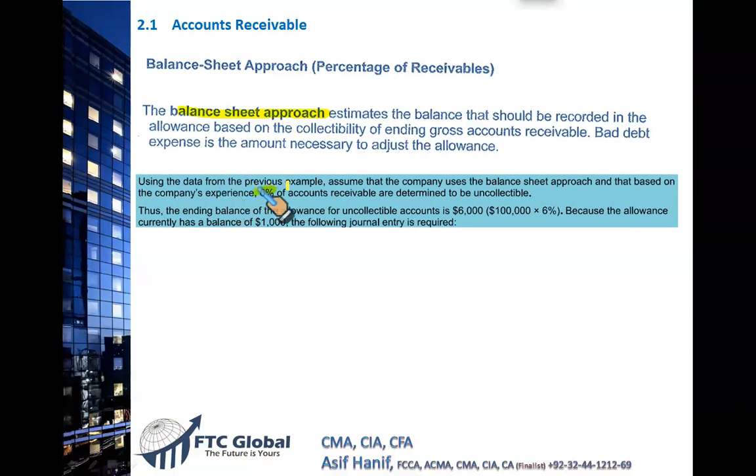Using the data from the previous example, assume that the company uses the balance sheet approach, and that based on the company's experience, 6% of your account receivables are determined to be uncollectible, 6% of account receivables. So this is clearly a distinct approach where the percentage is applied on the balance sheet numbers. Okay, 6% of your account receivable.